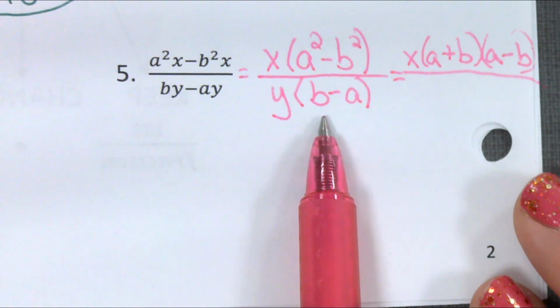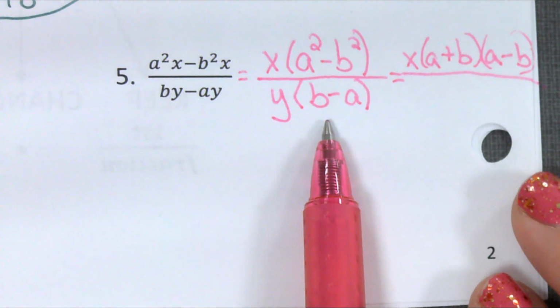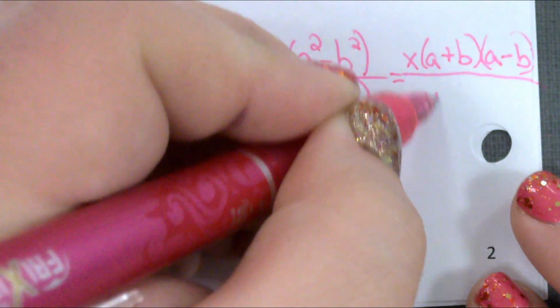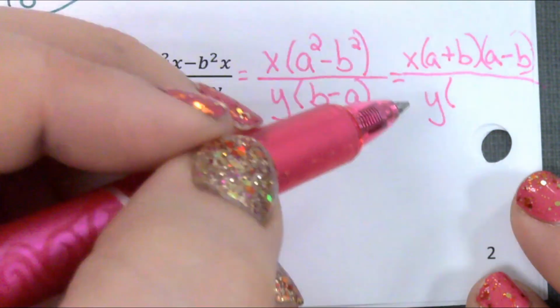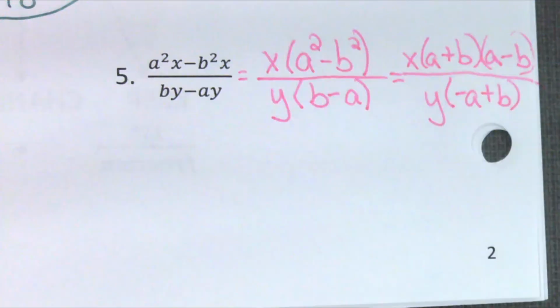So if you want to go ahead and take the time now to rearrange them, you absolutely can. So y times -a plus b. Now they're at least in the right order. You're not going to need any excluded or undefined values here because I have two different variables. So we're going to go ahead and circle our factors.